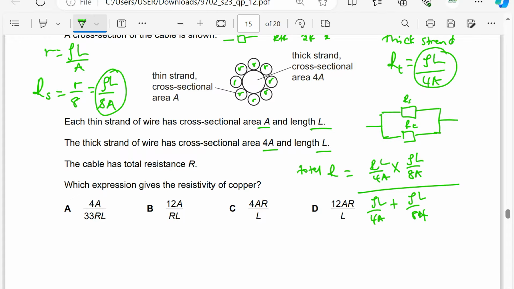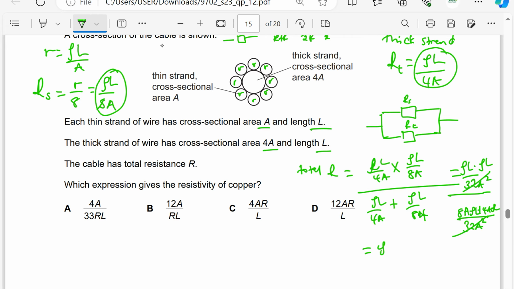I'll just check the LCM. So this is rho L times rho L over 32A squared, divided by the LCM, which is 32A squared in the denominator. 32 by 4 is 8, so it is 8A rho L plus 4A rho L. Okay, so 32A squared cancels out.